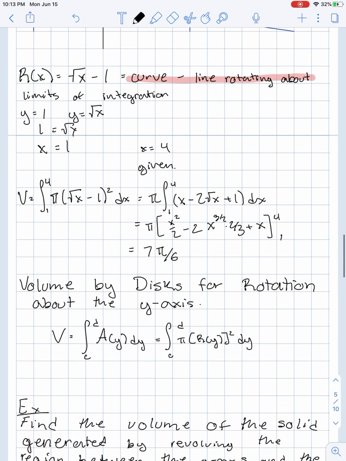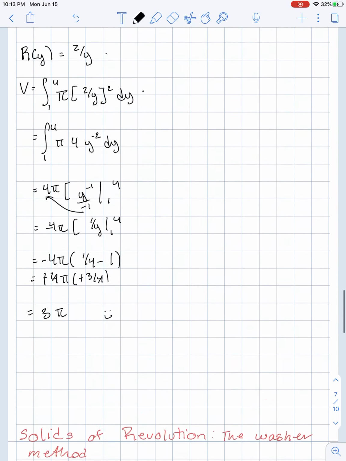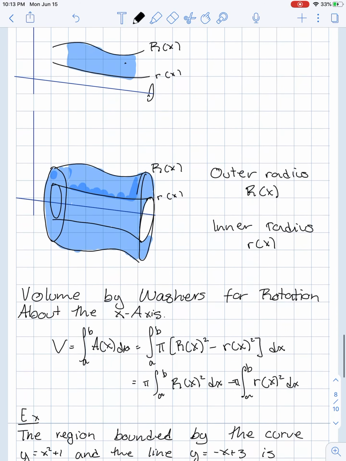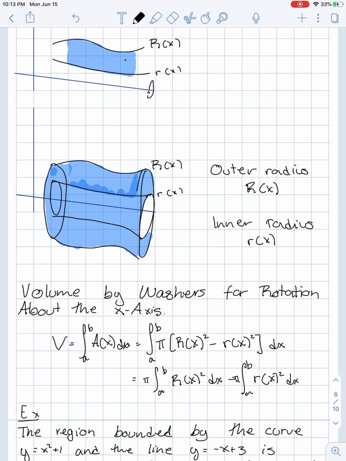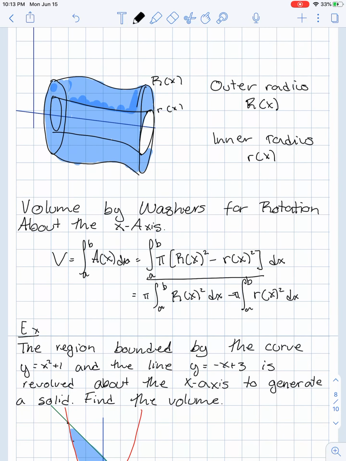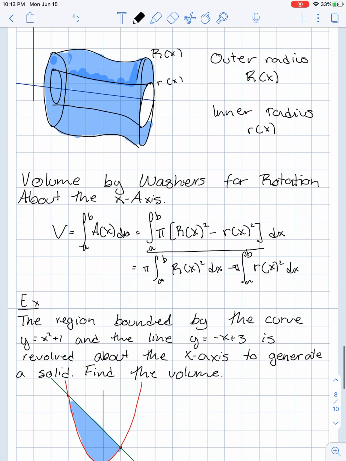So that's the main difference here: curve minus line I'm rotating about. These are two lines that I'm rotating about, and I want to find the volume between them. I suggest using this equation rather than this bottom equation just because it saves you a lot of time. There's no reason to use the bottom equation. I'm just showing you where it comes from.